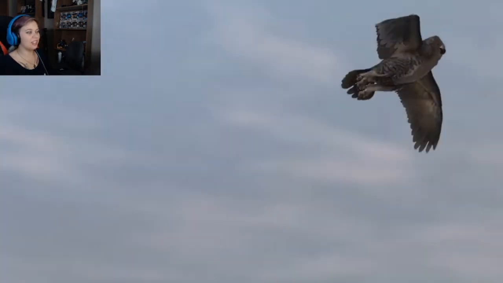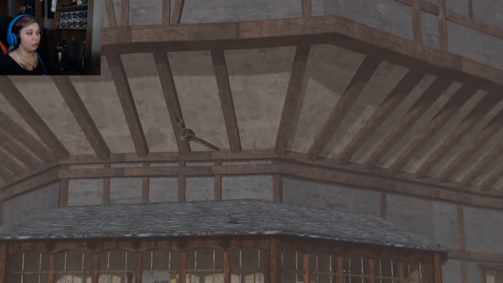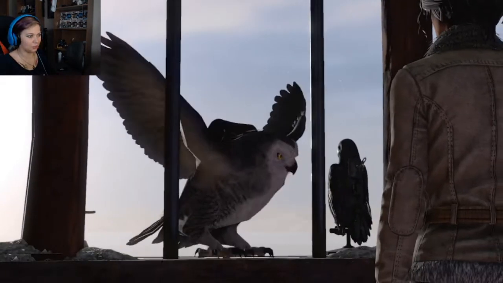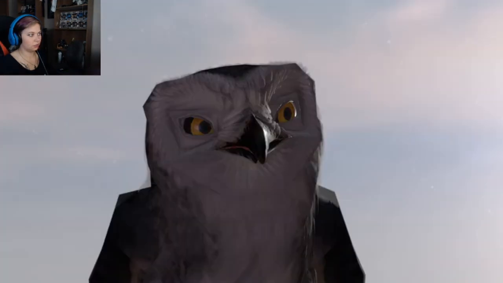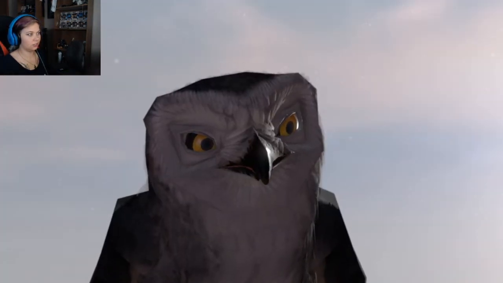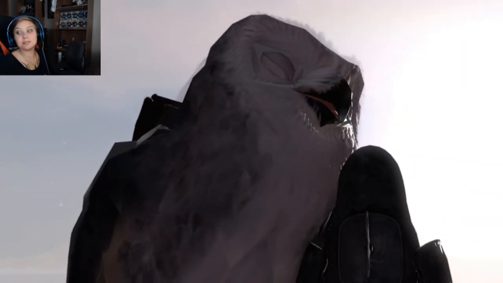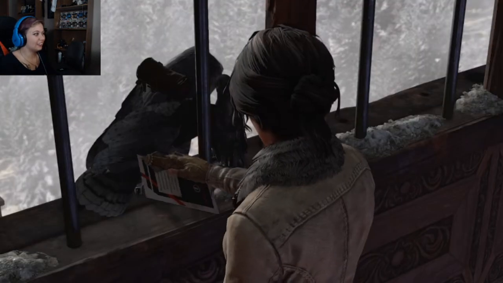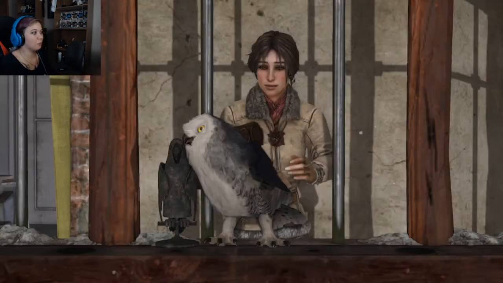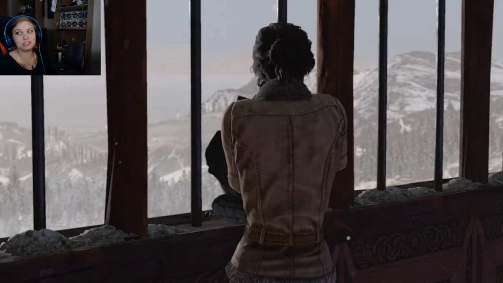While the skin has a lot of texture, the feathers do not. I think the owl in the last game looked better than this one. Oh, he's made a friend. Aww. He's gonna bite you. Oh, no, he's not. He's not gonna bite you.